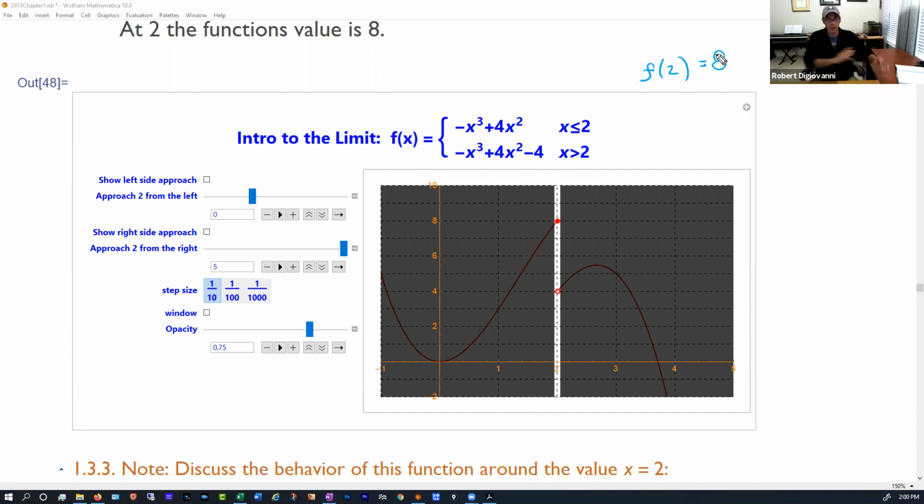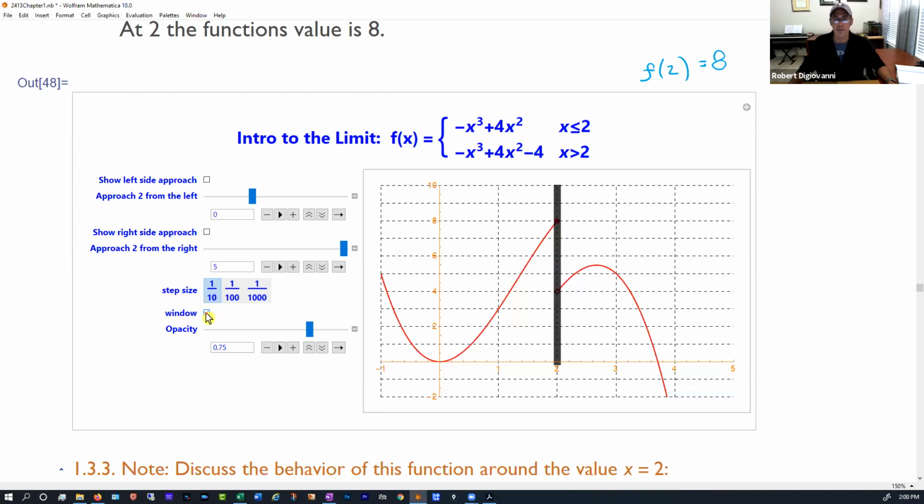Y'all see that? Yes? Okay. All right, now this is calculus. So I don't care about what's happening at 2. So I'm going to hide that from you and show you the rest of the function. That's what the function looks like on the sides. So if I start to ask you what happens as we get near 2, if we start coming in from the left side, are my y values approaching 8?